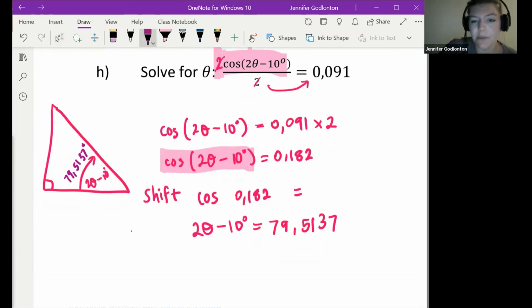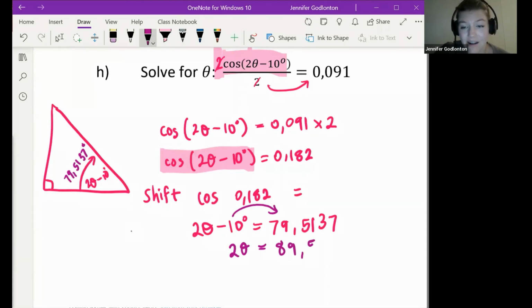So next step is I want to move this 10 over. Now, when it jumps over the equal sign, it's going to be plus 10. So I'm going to have 2 theta is equal to 79,5137 plus 10, which is going to be 89,5137. Rafael, where are you getting lost, sweetheart?